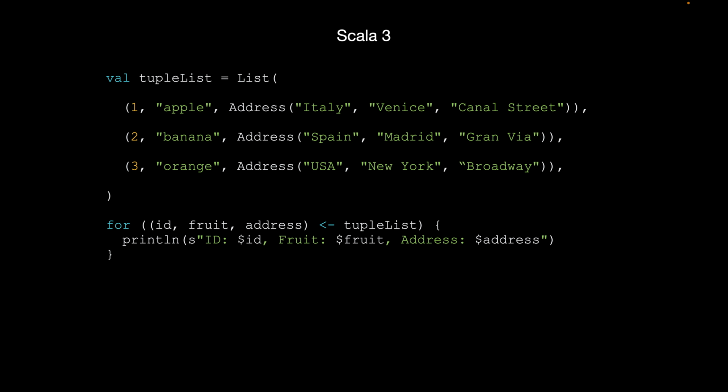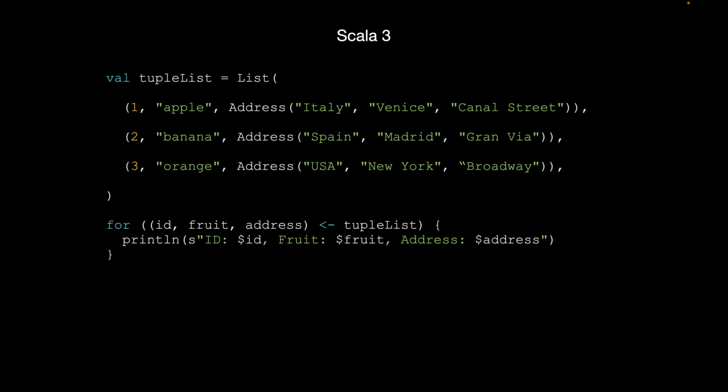And what we can do with tuples, so imagine we are creating some kind of test or method with some data that is mocked data. We can define this data in the Scala file. So we are creating a list of tuples.